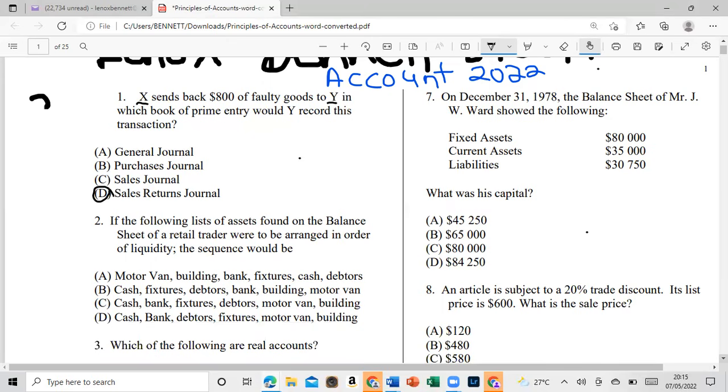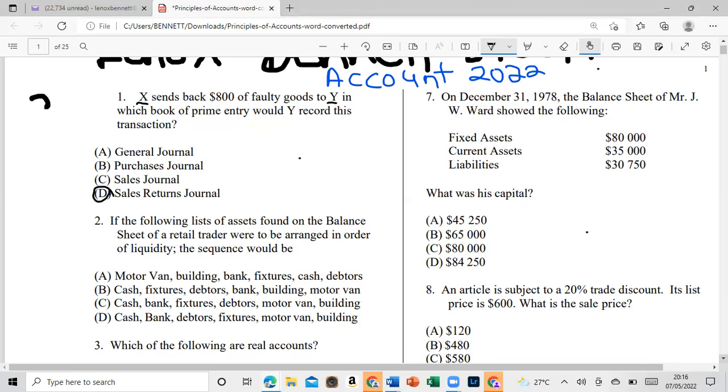No, that wouldn't be it, because it will take you a very long time to sell a motor van. So let's look at B: cash, fixtures, debtors, bank, building, motor van. It's definitely not that. As I say, liquidity is how quick you can turn it into cash.